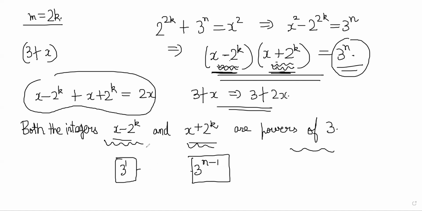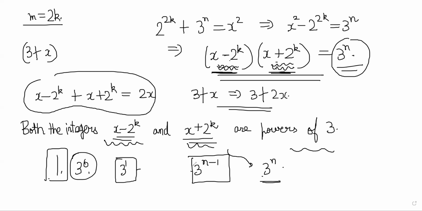The only way it is possible that both the integers are powers of 3, but their sum is not divisible by 3, is if one of them is 3 power 0 and the other one is 3 power n, right? Only then, 3 power 0 is 1. So the sum of these two integers will not be divisible by 3, right? So therefore, this argument convinces us that x minus 2 power k must be 1, which is 3 power 0, and x plus 2 power k must be 3 power n.